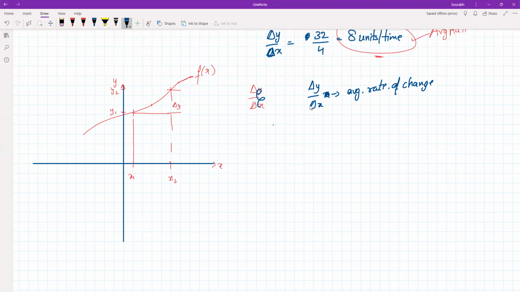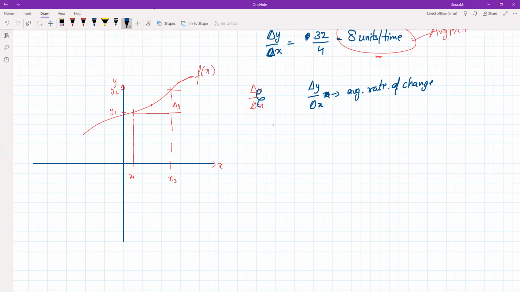Instantaneous rate means the change in x is very, very small, an instant, right? So when this change in x is very small, if I find the change in y for that, that will be called the instantaneous rate of change.